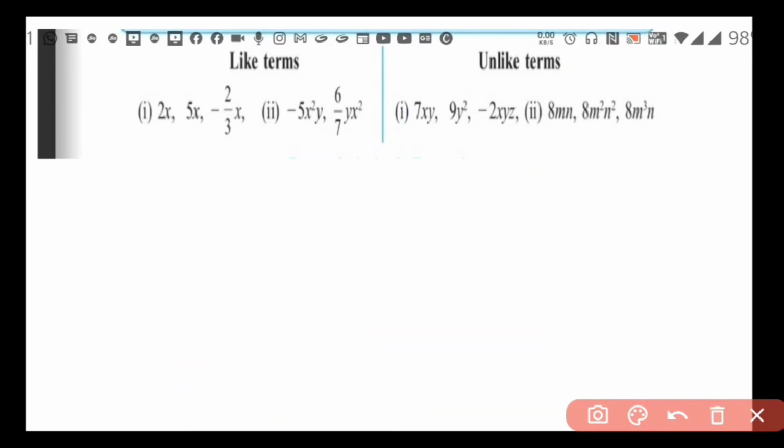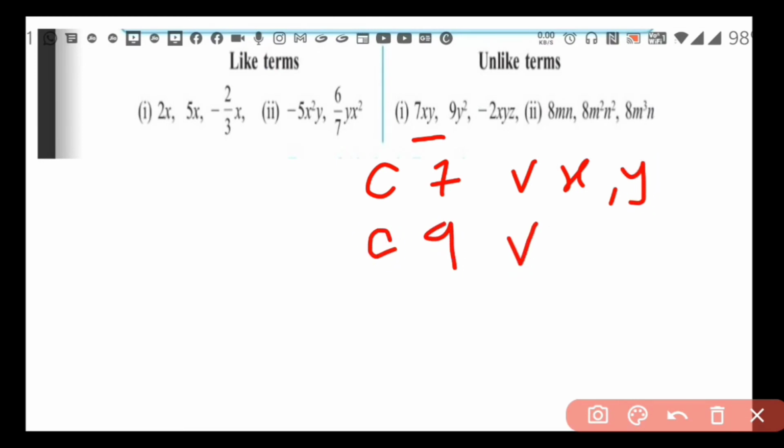Now let us see what we mean by unlike terms. Unlike terms means their variables are different, or they have different indices. As you can see in the first example, the first term is 7xy, so here the coefficient is 7 and the variables are x and y. In the second term, the coefficient is 9 and the variable is y only, and y has the index 2.